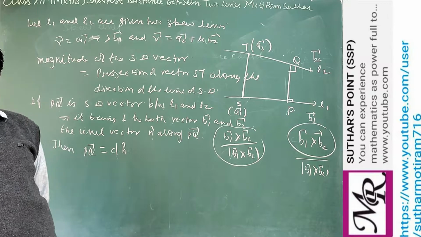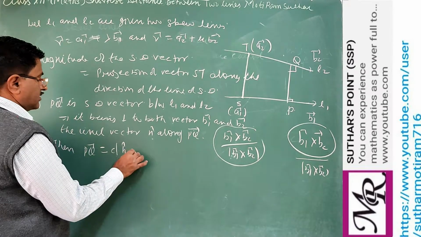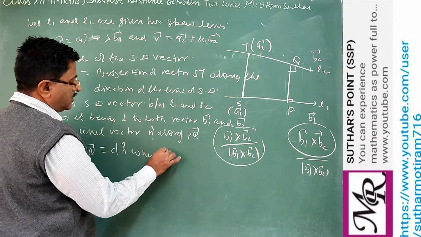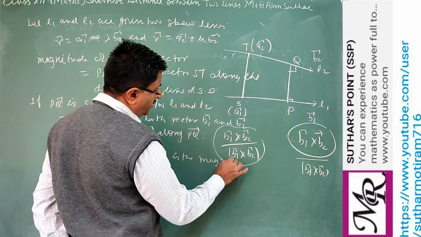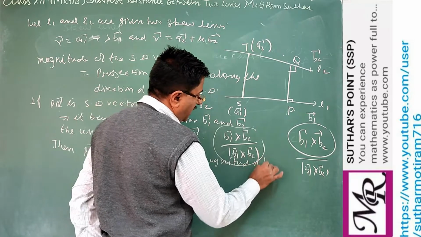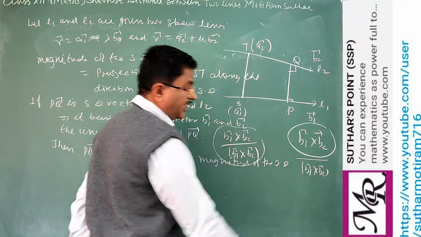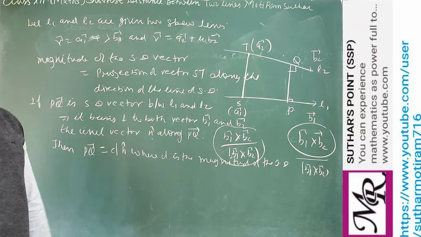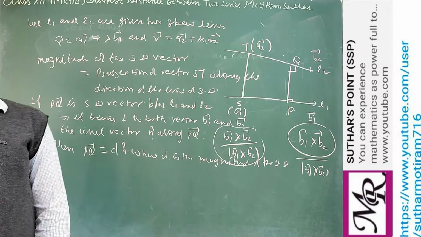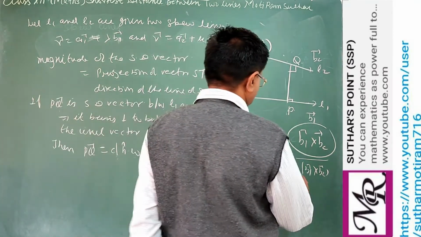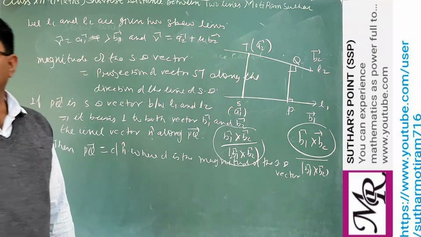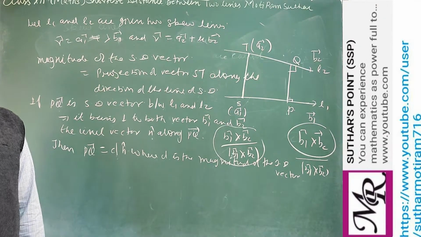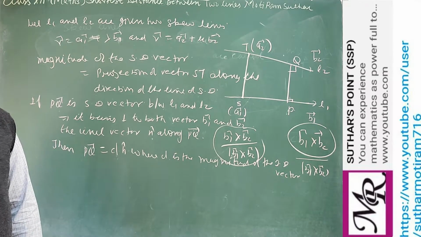Where D is the magnitude of the shortest distance vector, that is PQ. In simple language you can say D means magnitude of vector PQ.